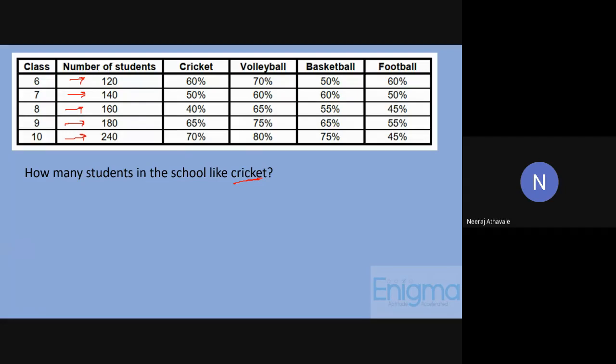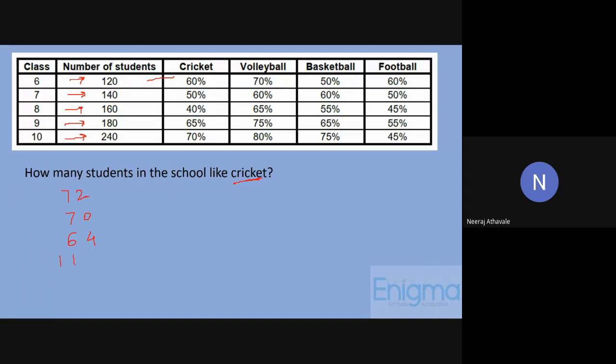The answer is 491. Now how to do it as fast as possible? It is fastest when you have a 0 over here, so you can do 12 sixes, which is 72. Then 14 fives are 70. Then 16 fours are 64. Now 18 into 6.5. What will be 18 into 6.5?